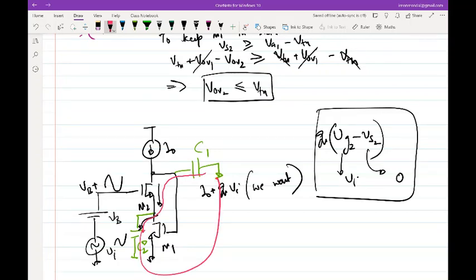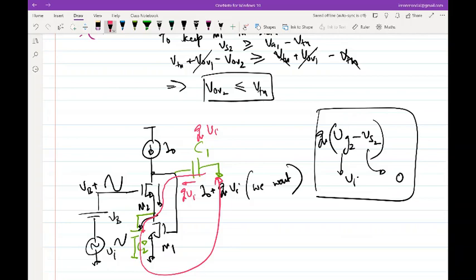So I have a loop in place. And I know this current will be Gm times Vi.